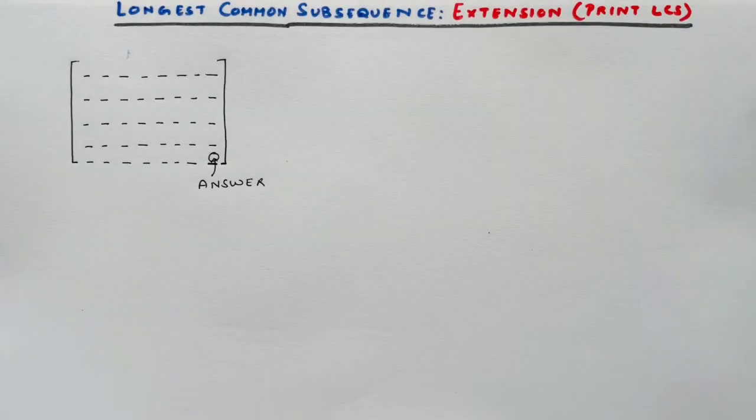So this was the problem where we were finding the length of the longest common subsequence. There could be an extension to this problem where we are asked to print the actual longest common subsequence. So how will we do that?